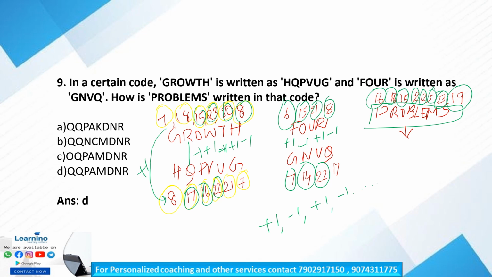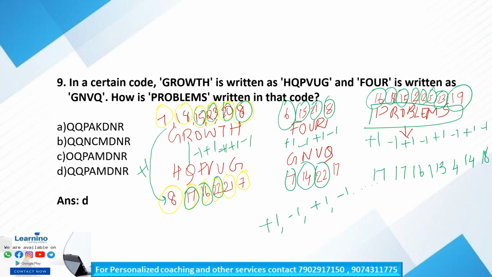So start with 16 plus 1 is 17. 18 minus 1 is 17. 15 plus 1 is 16. 2 minus 1 is 1. 12 plus 1 is 13. 5 minus 1 is 4. 13 plus 1 is 14 and 19 minus 1 is 18.